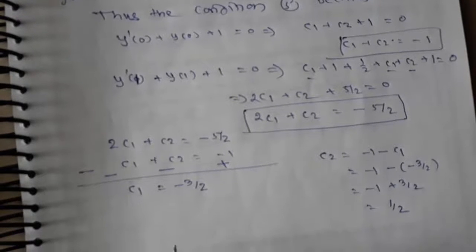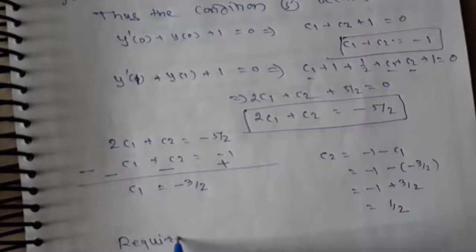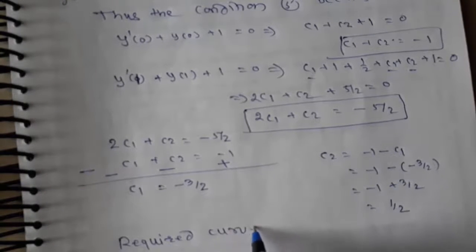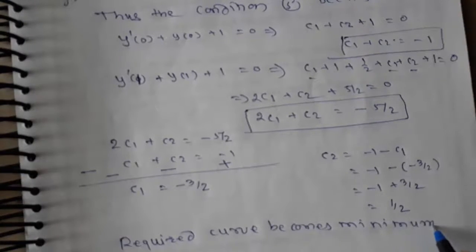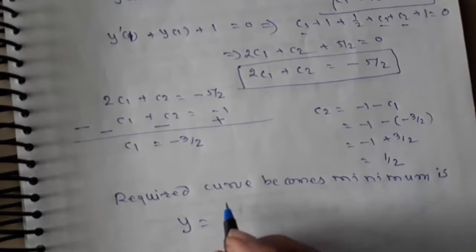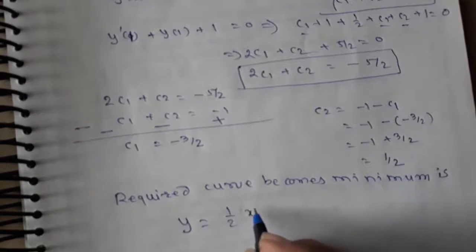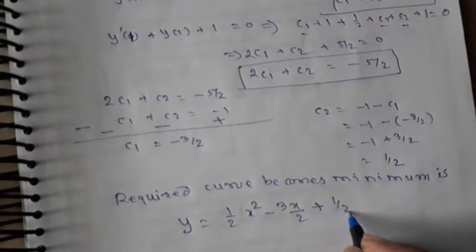Therefore, the required curve for which the functional is minimum is y equal to 1/2 x squared minus 3x/2 plus 1/2.